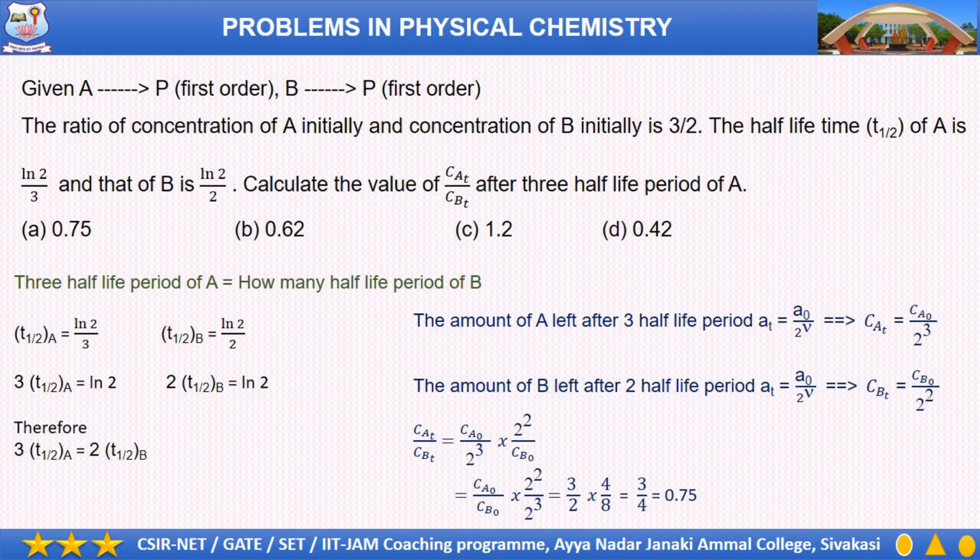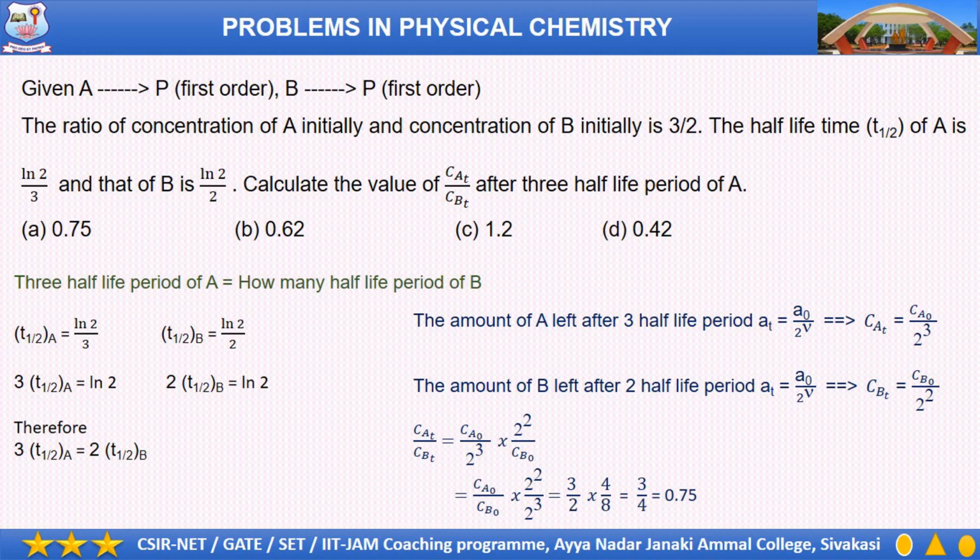B giving product, once again another first order. And the initial concentration of A to the initial concentration of B is in the ratio 3 to 2.